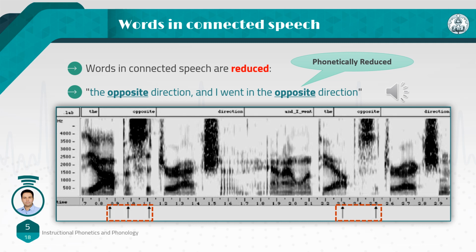The first opposite has three arrows corresponding to the three vowels that we expect in the citation form of the word, while in the second production we can only identify two vowel segments. So the first opposite has three vowels, the second opposite has two vowels. In fact, the second opposite is phonetically reduced.